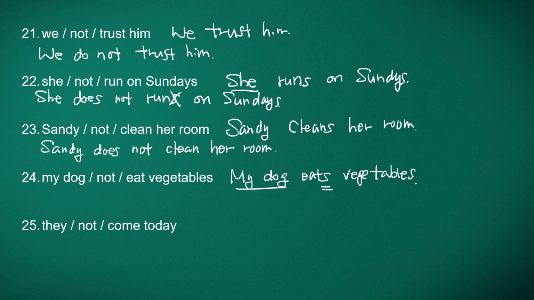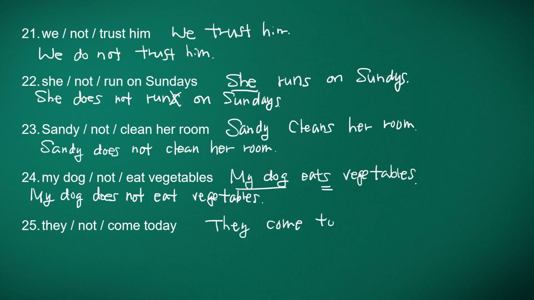We need an S. My dog does not eat vegetables. And finally, they come today. They come today. And negative, they do not come today. They do not come today.